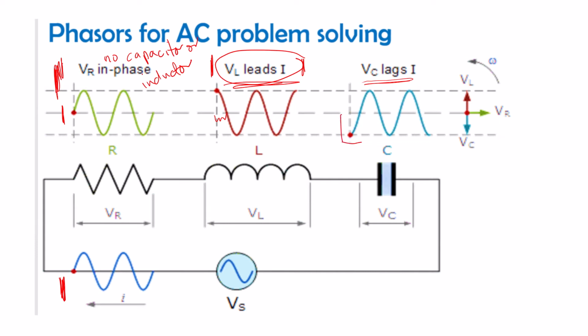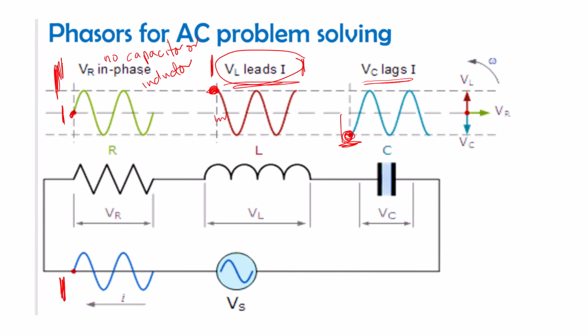So that's why we've got this situation here. So at time 0, the voltage across the inductor is already maximum, and the voltage across the capacitor is immediately 90 degrees behind the voltage across the current.